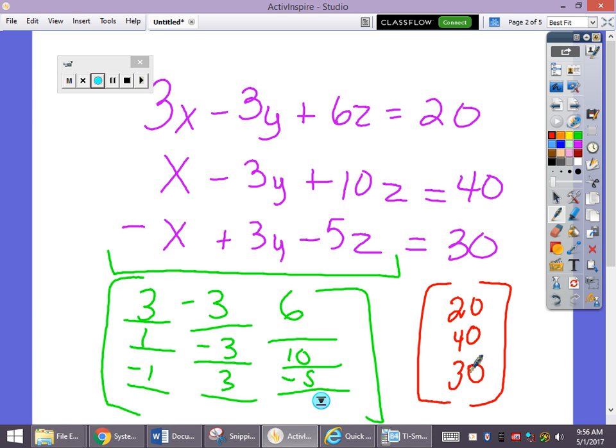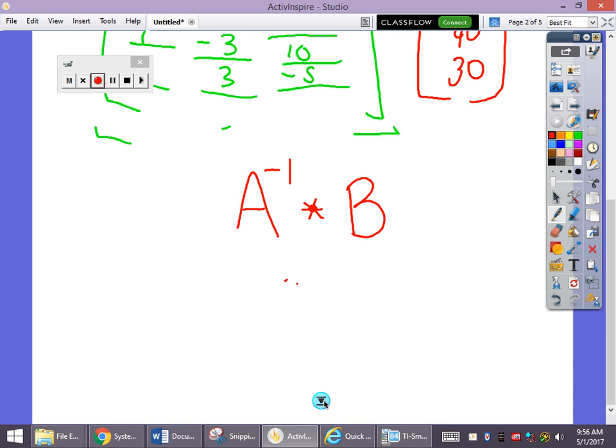On your paper, you are going to copy down a formula that you must memorize. It will not be given to you on a formula sheet. Okay, in order to solve for x, y, and z, I simply take, what does this stand for? Inverse. I'm going to take the inverse of matrix A and then multiply by the matrix of B.